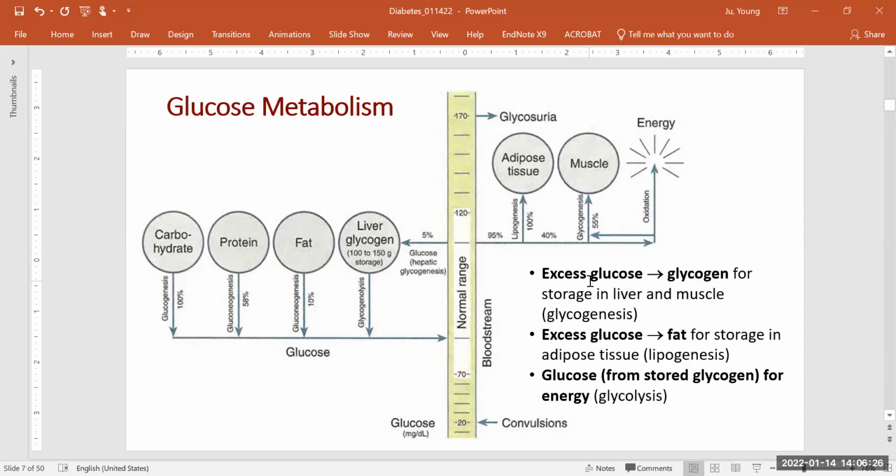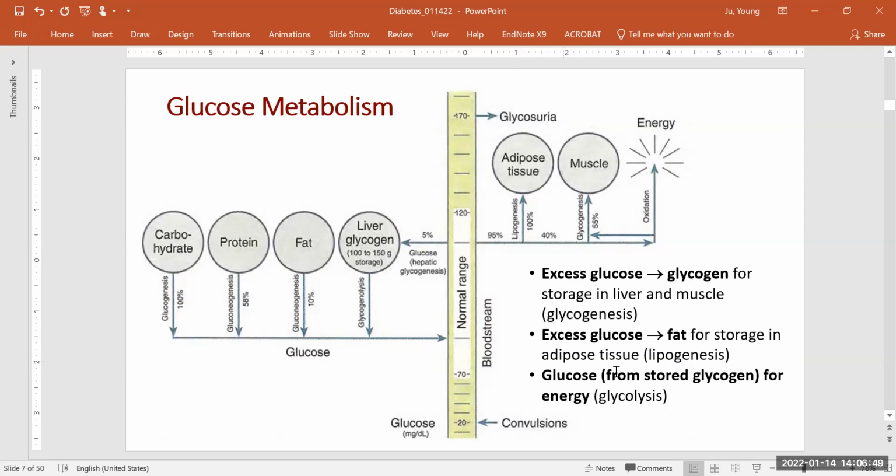Excess amount of blood glucose is converted to glycogen, and then stored in the liver or muscle. This process is called glycogenesis. Excess glucose can also be converted to fat and stored in fat tissue.